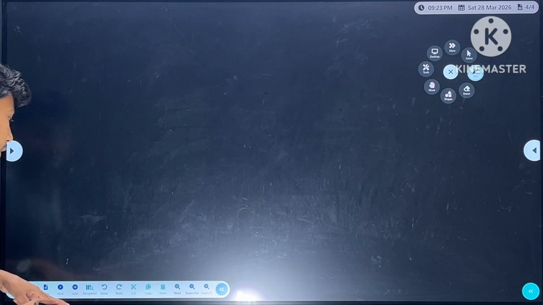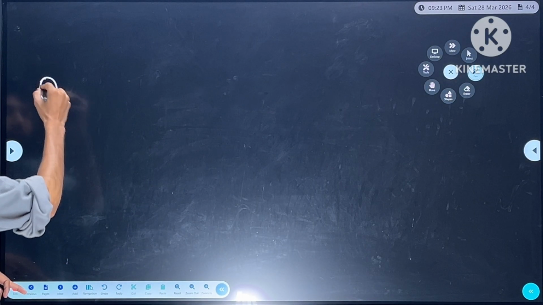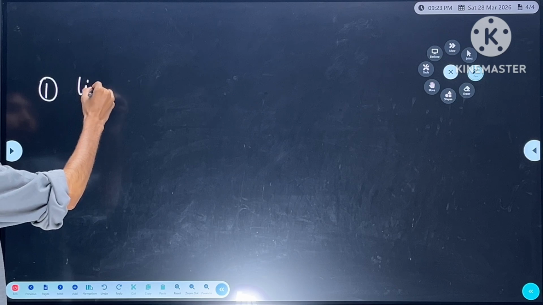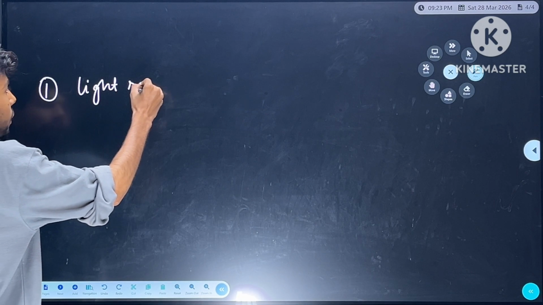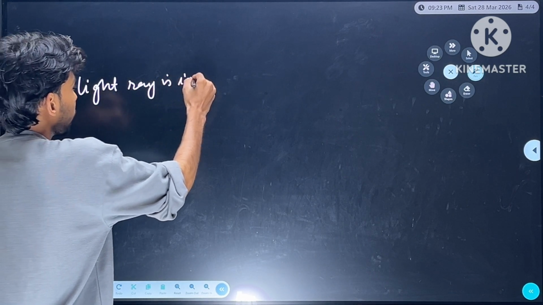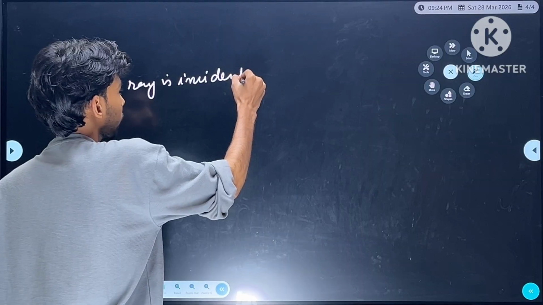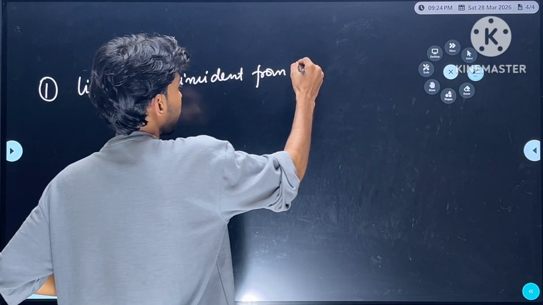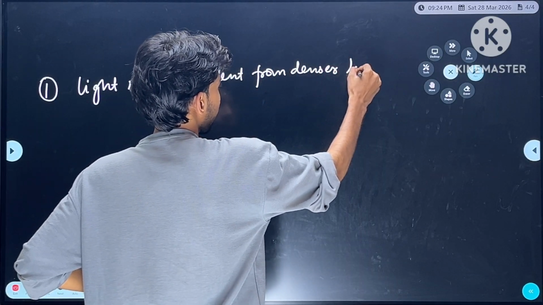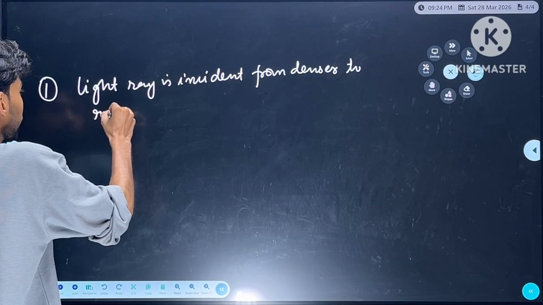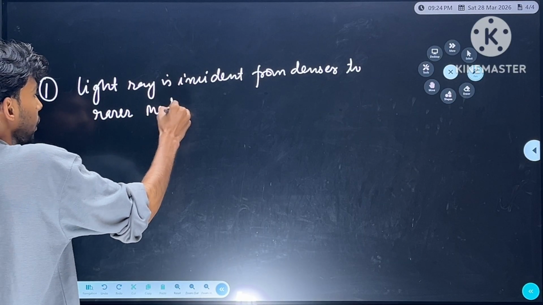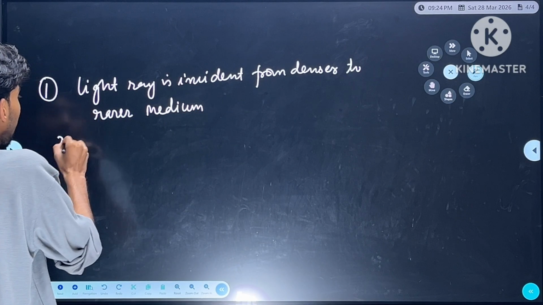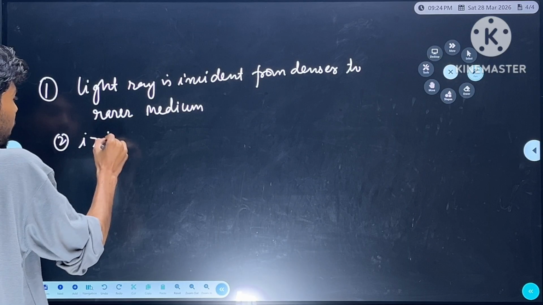First condition, the light ray is incident from denser to rarer medium, right? Second condition, this angle of incidence should be greater than IC.